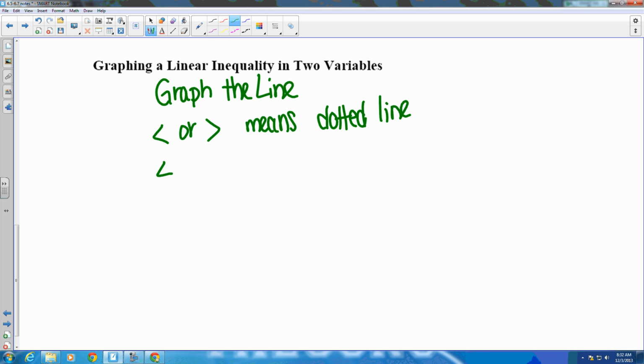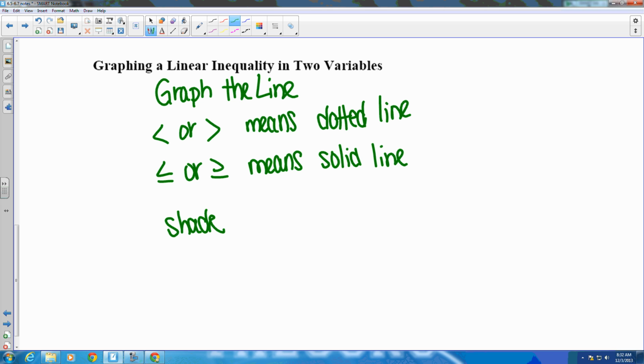If you have less than or equal to or greater than or equal to, that means you need to have a solid line. And what you're going to do after you do the line is you're going to shade the true side. And I will show you what that means in a little bit.